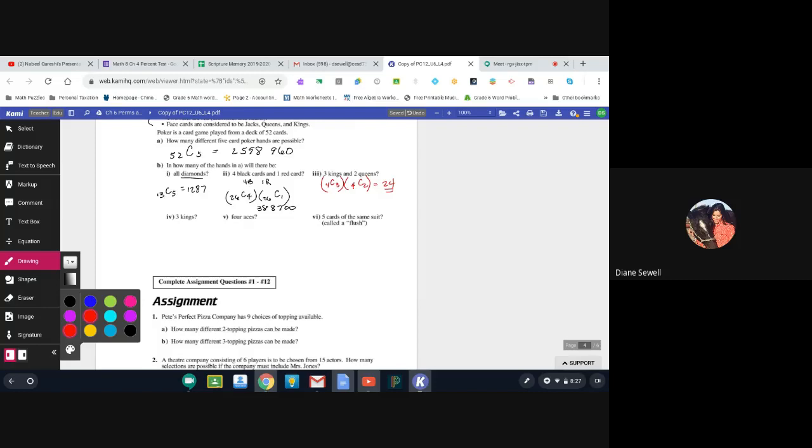All right. What about if it just wants 3 kings in total? We don't care what the other cards are, just 3 kings. So I have 4 kings, of which I need 3 of them. The other 2 cards don't matter. So here's 4 kings and 2 anything else.